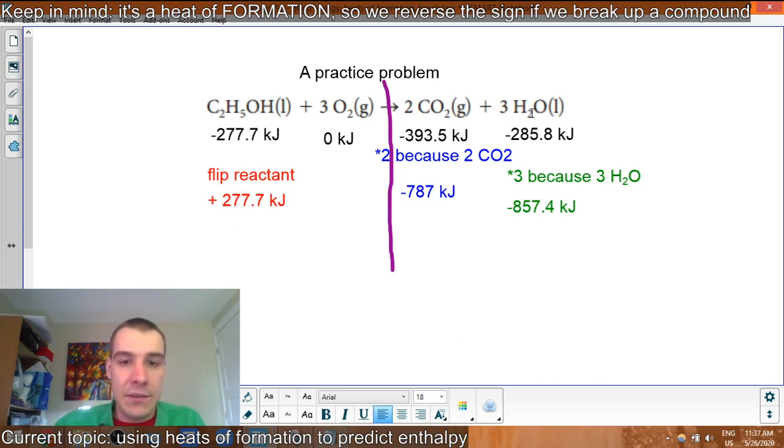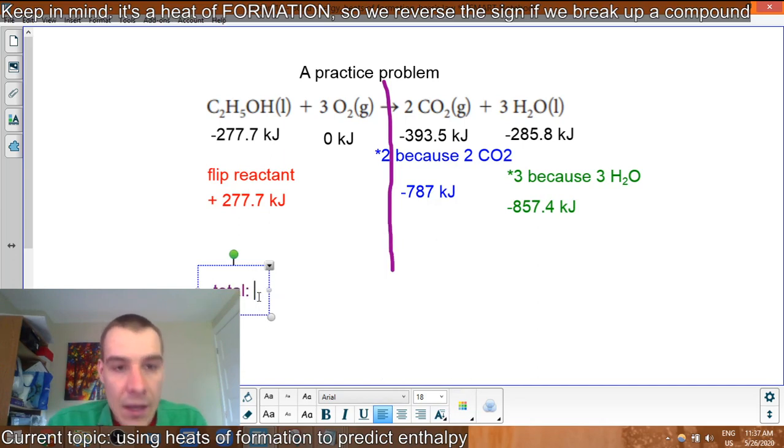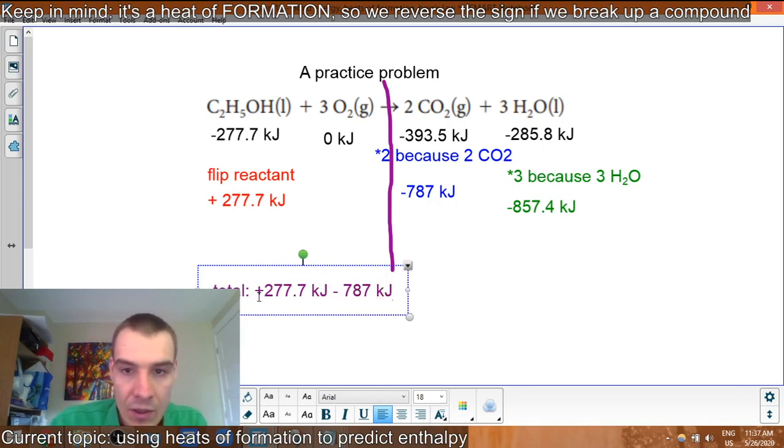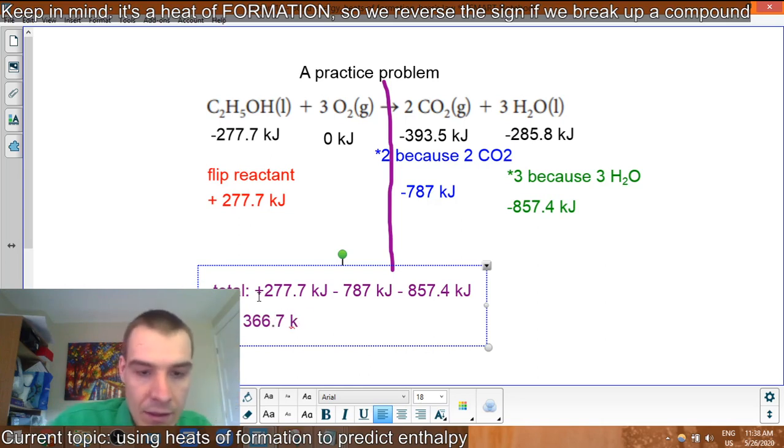So we've done our Hess's law stuff and adjusted for the numbers and where they are in the reaction, on the left or the right. And then what's left is just to add it together. The total here is plus 277.7 kilojoules minus 787 kilojoules minus 857.4 kilojoules, which is 277.7 minus 787 minus 857.4, minus 1366.7 kilojoules per mole.